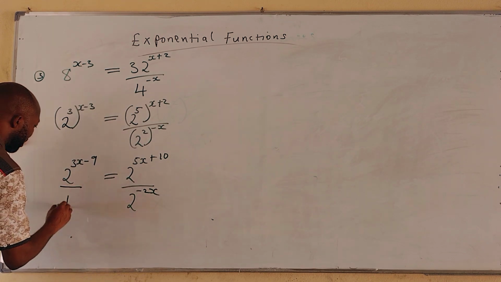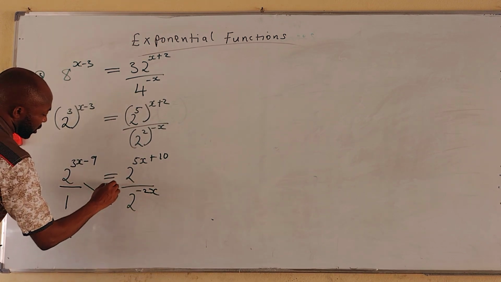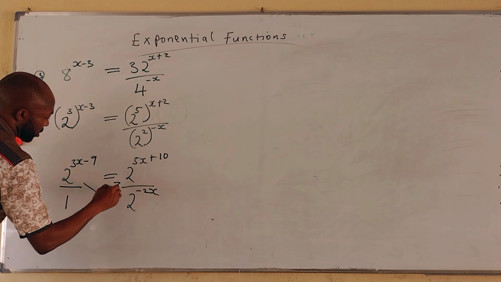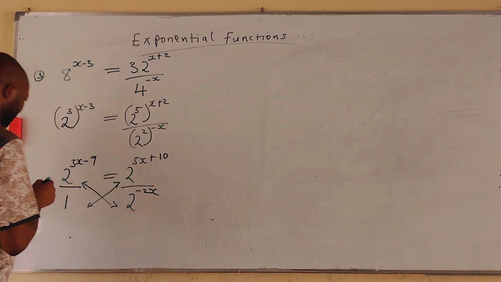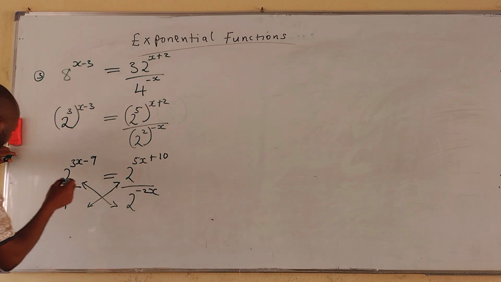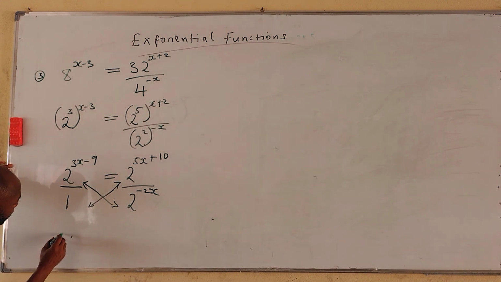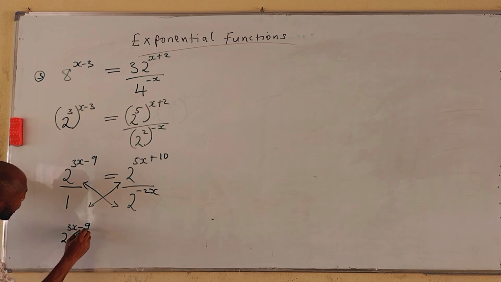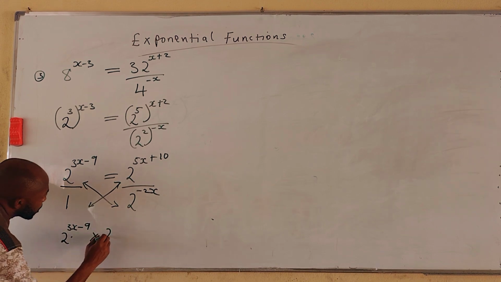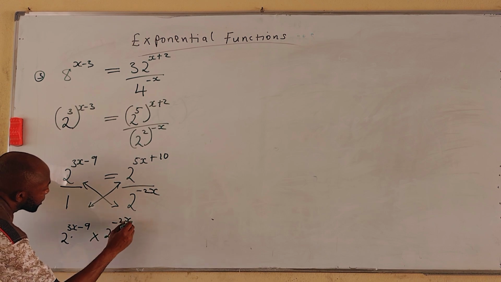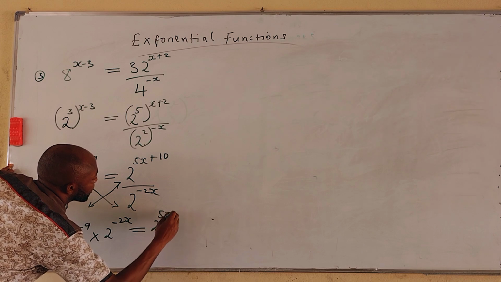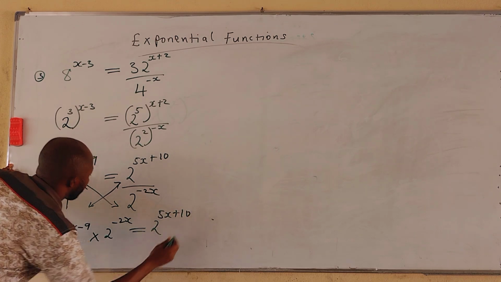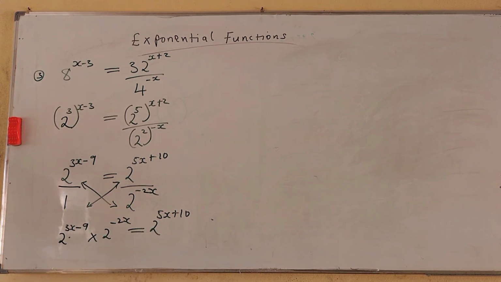This is over 1. So by cross multiplication, this times this and this times this. So I have 2 raised to the power 3x minus 9 times 2 raised to the power minus 2x equals 2 raised to the power 5x plus 10 times 1 is the same.